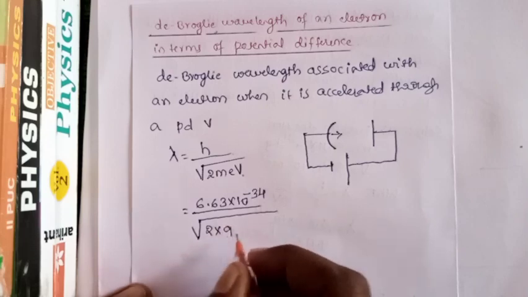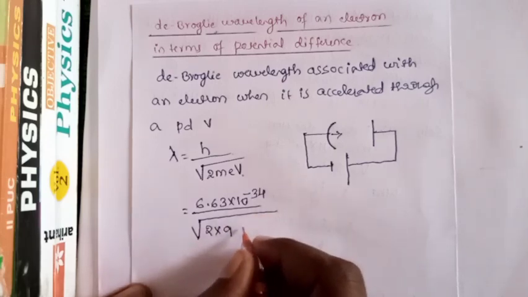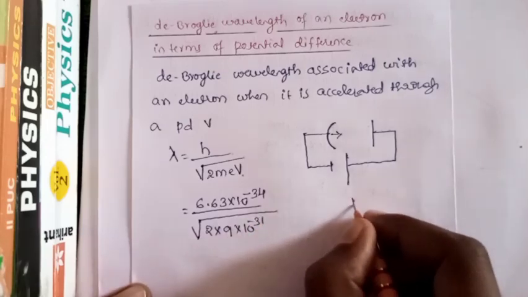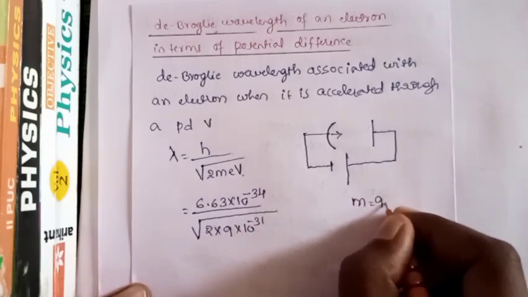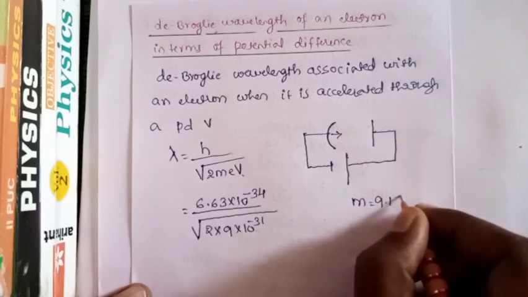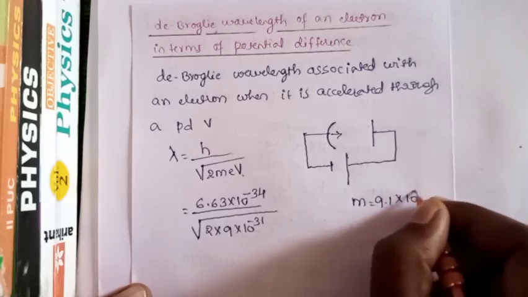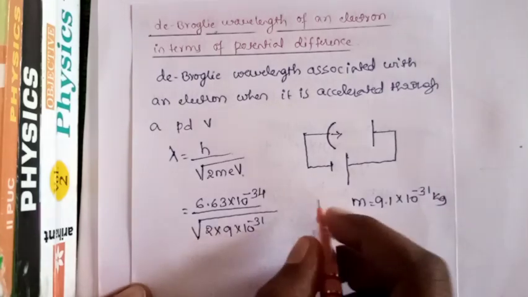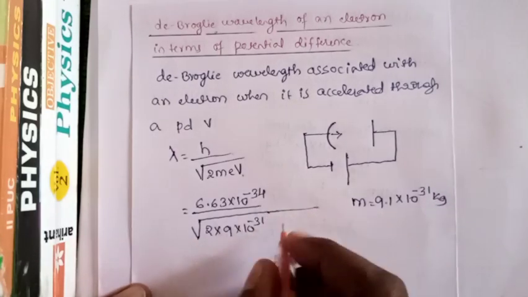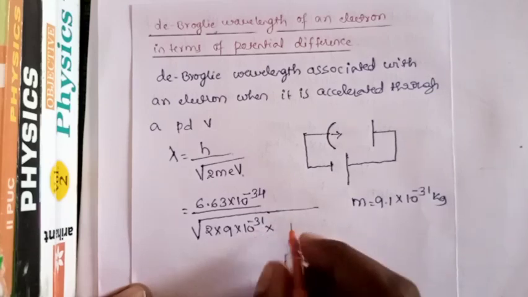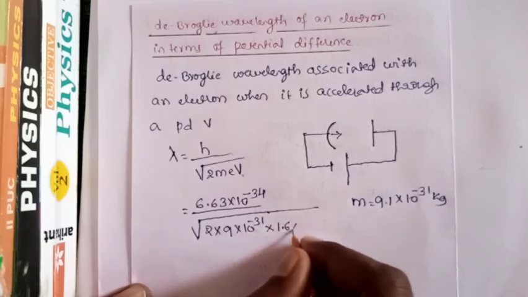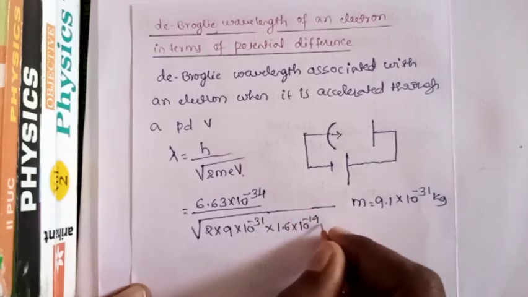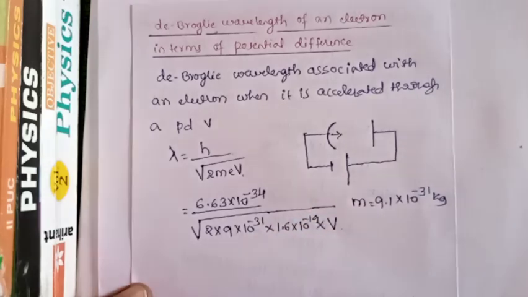I will take that as 9 into 10 to the power of minus 31 kg, because the mass of the electron is 9.1, and I will take here the rounded figure, that is 9. And what is the charge on an electron? That is 1.6 into 10 to the power of minus 19 into V, because V is not given.